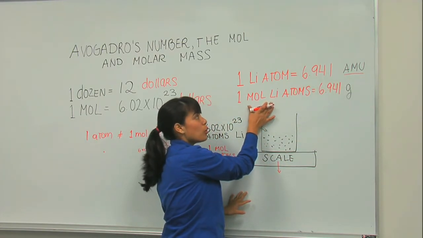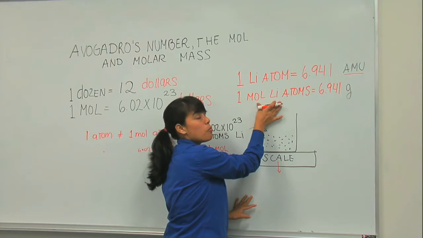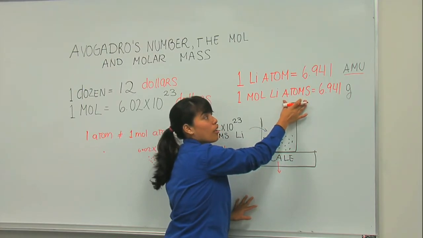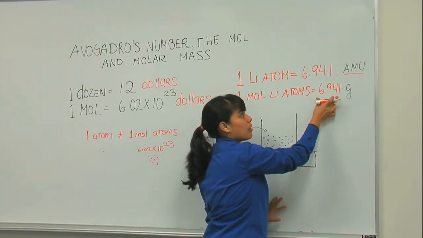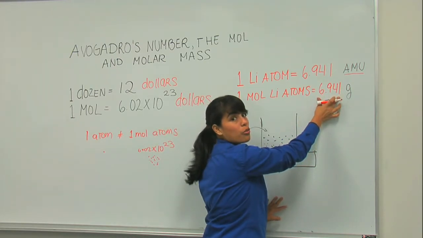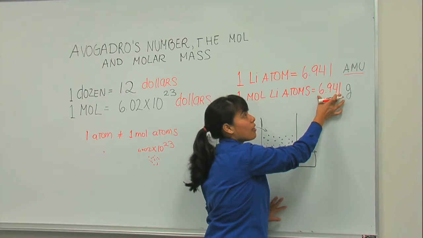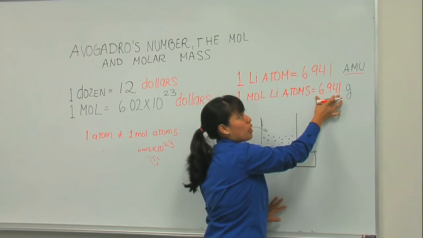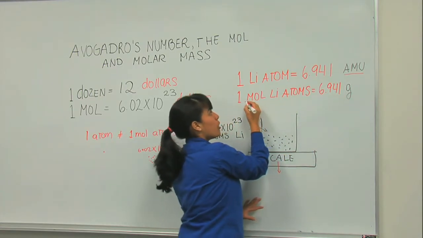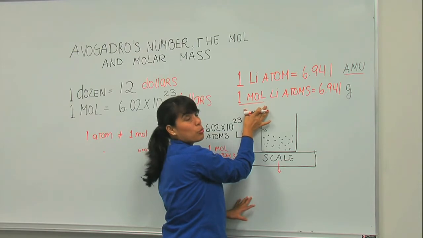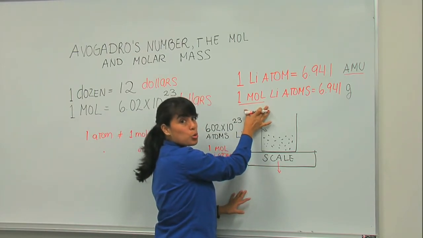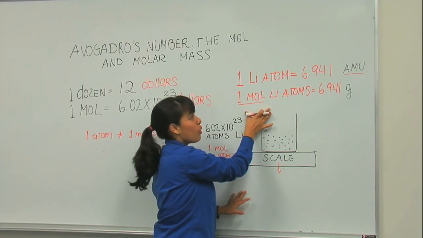Now, what's the molar mass? I mean, the mass of 1 mole of lithium atoms. Very easy. You just go to your periodic table and you read the numerical value of the mass number, and that's 6.941. So that will be your molar mass. But because we're talking about something very big, 1 mole is not 1 atom. 1 mole is 6.02 times 10 to the 23 atoms.